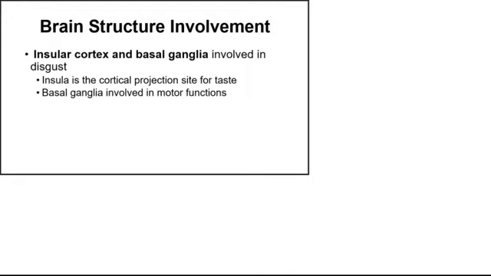So we do experience disgust to other things, but it comes primarily from something that sort of tastes bad and sets us off that way. But the insula, that's the cortical projection site for taste. That's where our taste senses are going to be sent for processing. So it kind of makes sense that that would be activated if we're experiencing disgust. And then our basal ganglia is involved in motor functions.